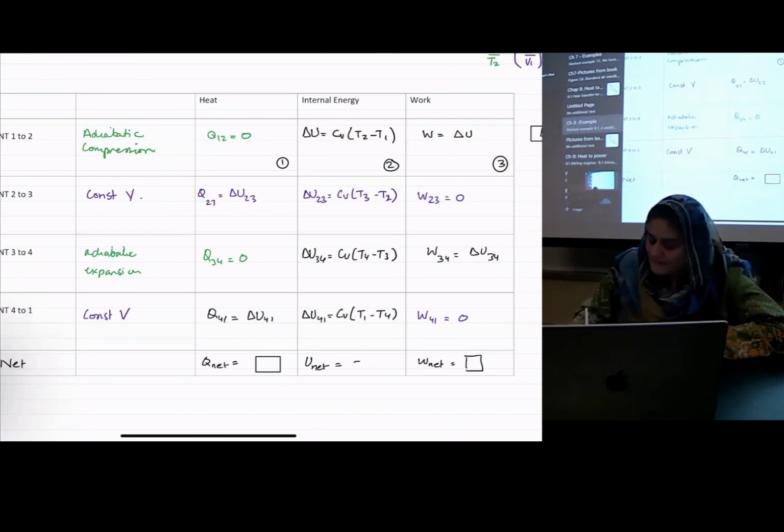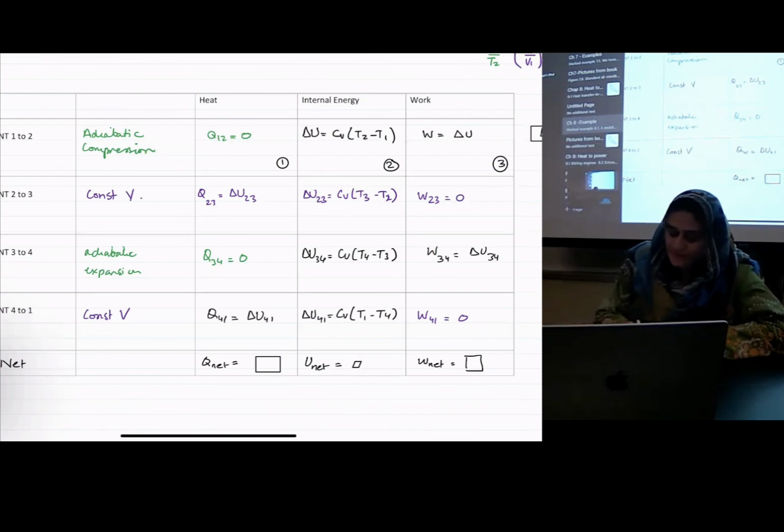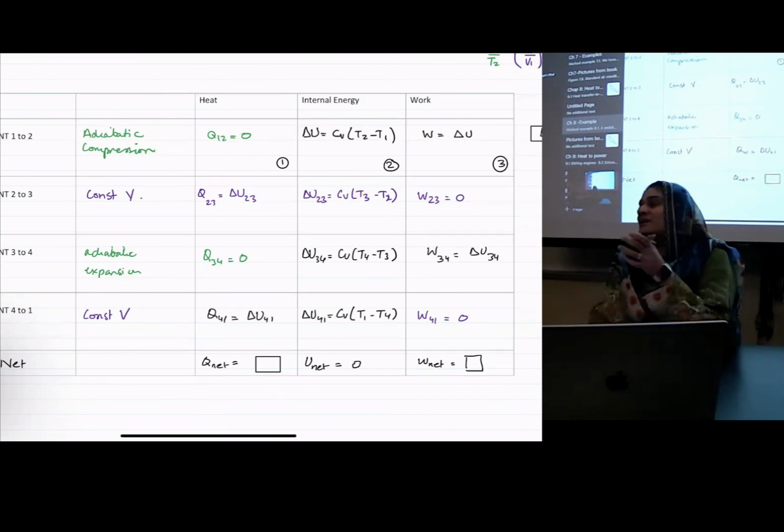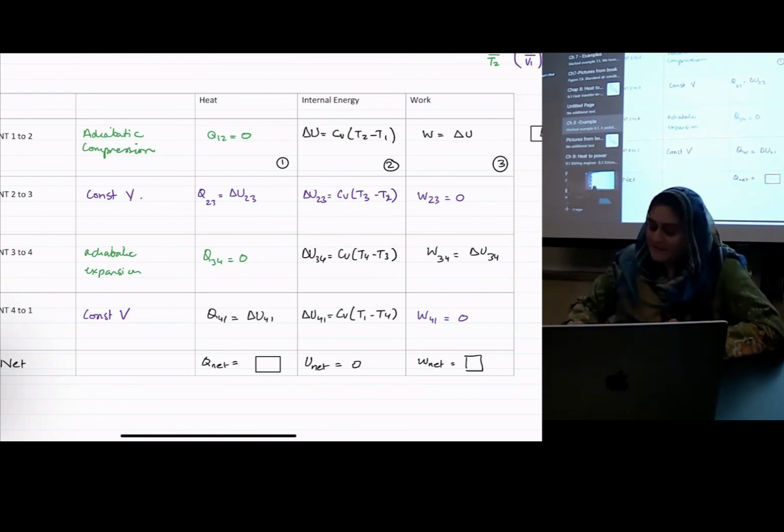And you will find this number to be 0. That makes sense, because what did you do? You went from point 1 and came back to point 1. How much total work did you do? So what is the change in internal energy? 0, right?